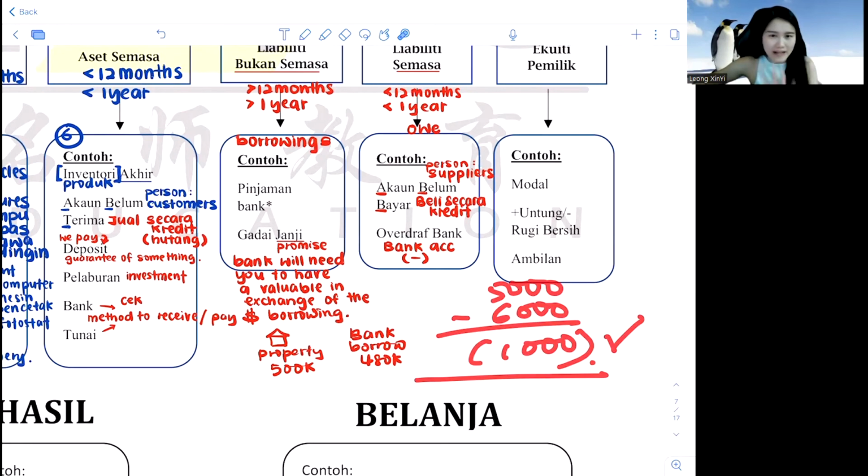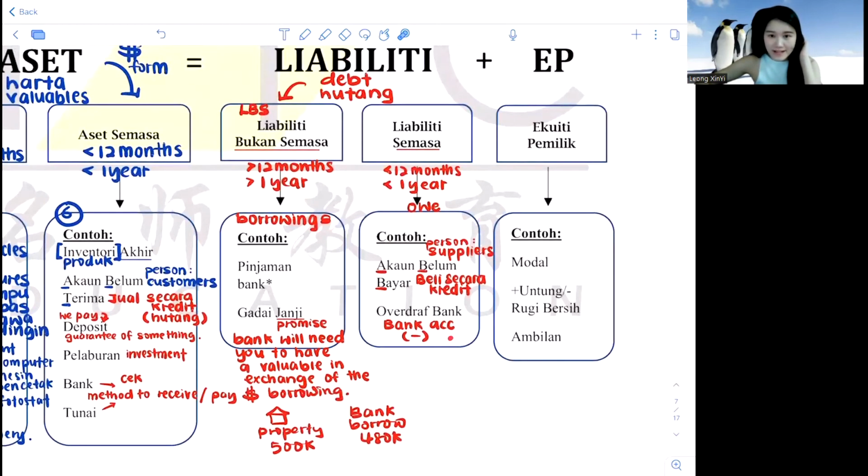They allow your bank account to do that. If you temporarily need some extra quota for a few months, you can apply for it. Once you decide not to use it anymore, you can just go to the bank and cancel the service. That's why I say it's much more flexible than pinjaman bank. So overdraft bank is when your bank account becomes negative, you overspent.